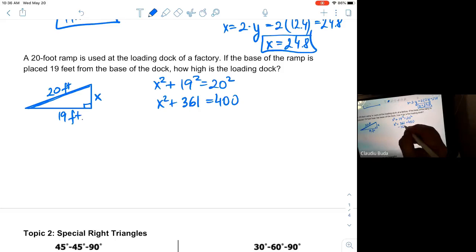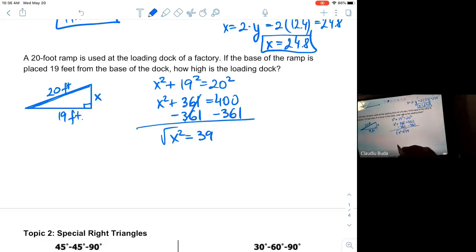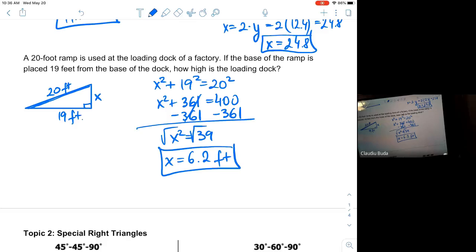We subtract 361 on both sides, and x squared is equal to 39. Then we take the square root, and that gives me x equal to 6.2 feet. So the height of the loading dock is 6.2 feet.